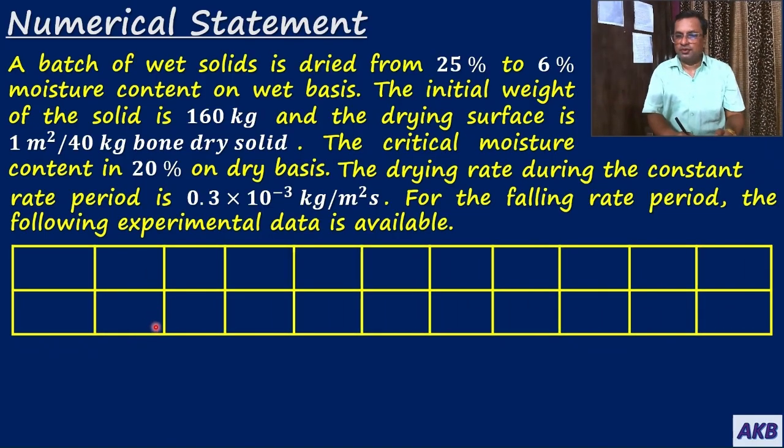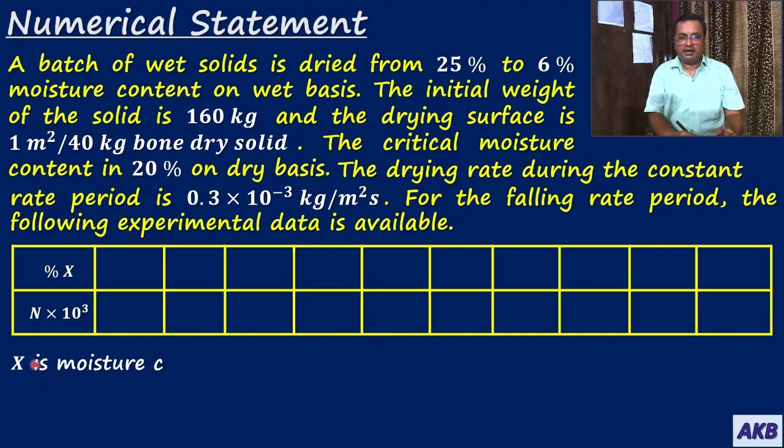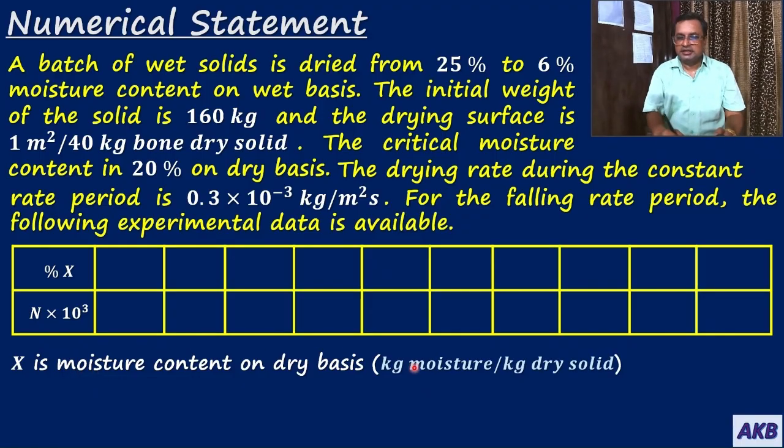So for drying during the falling rate period, they have given us the experimental data. We have different values of percentage X, and then we also have different values of N into 10 to the power 3. In this case, capital X, as you know, is the moisture content on dry basis, that is kg moisture per kg dry solid.